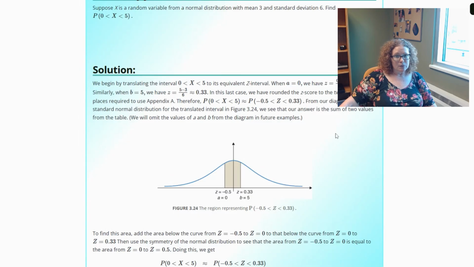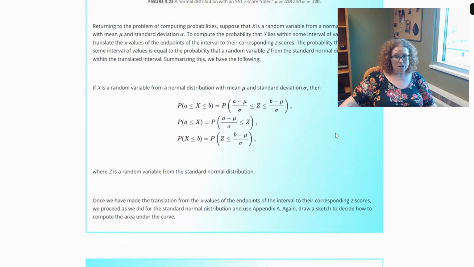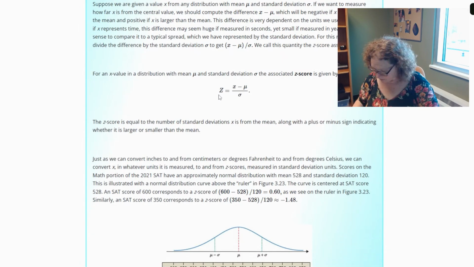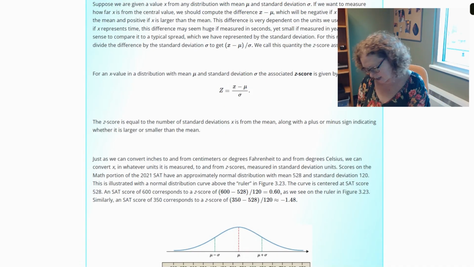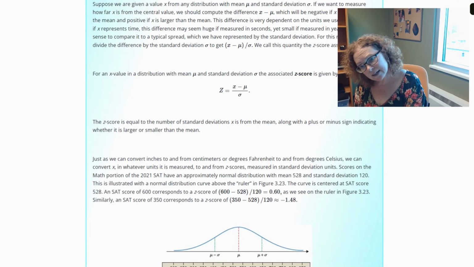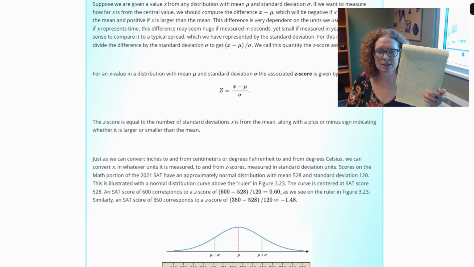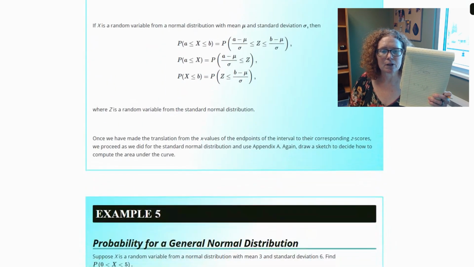We are going to use this formula, which we have up here: z is equal to x minus the mean over the standard deviation.